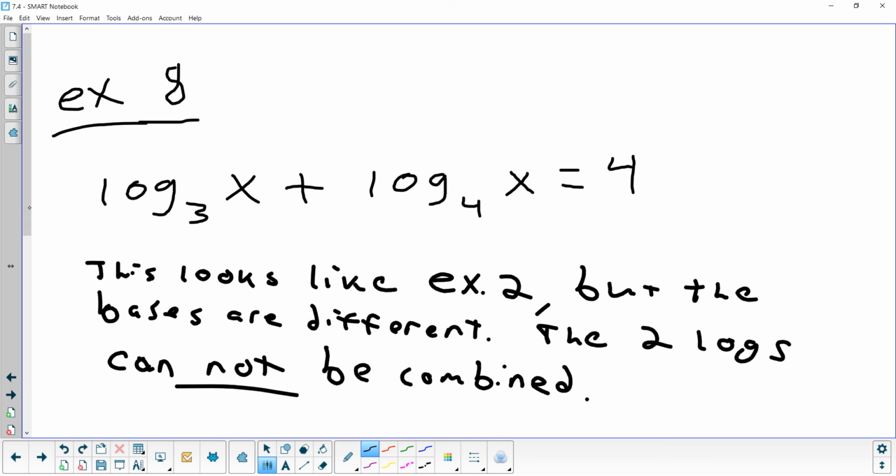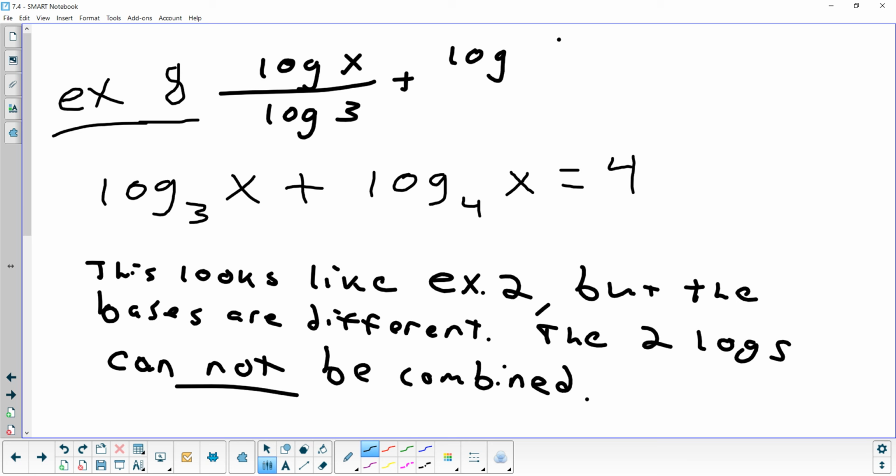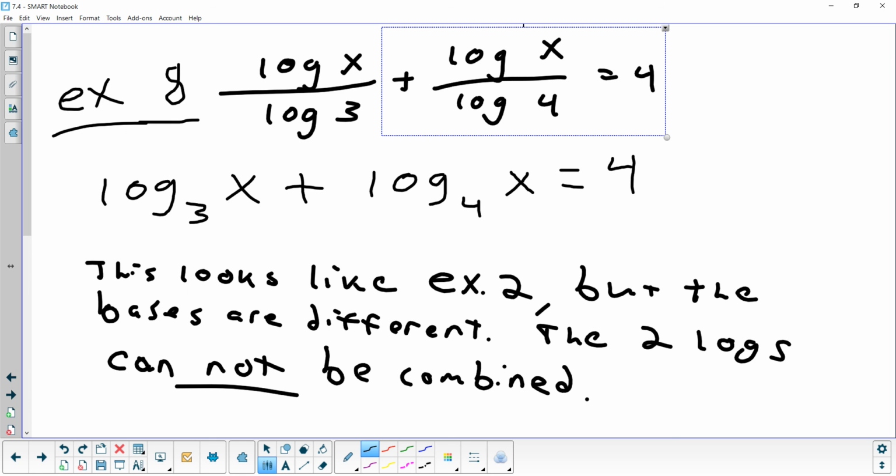So you have to rewrite it like this: log x over log 3, that's just using the change of base formula, plus log x over log 4. That would be the first step. Now, everything there, base 10, base 10, base 10, base 10. Now everything has the same log base. But that would be the first step.